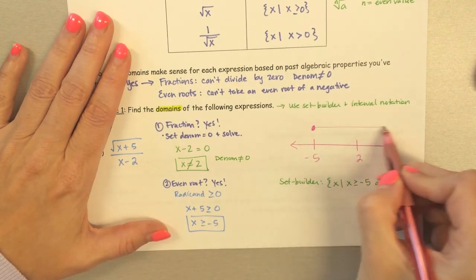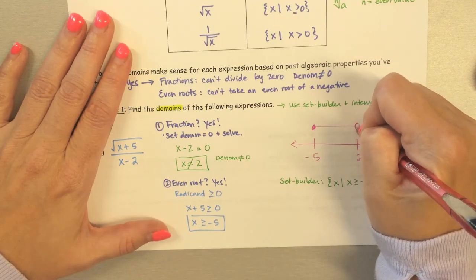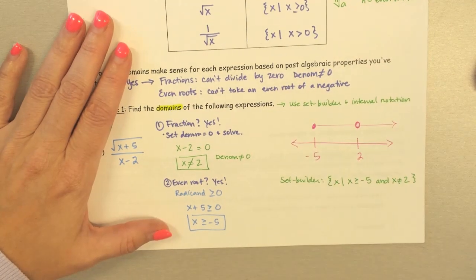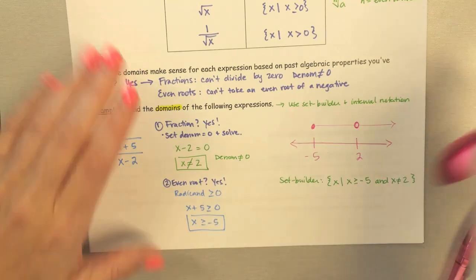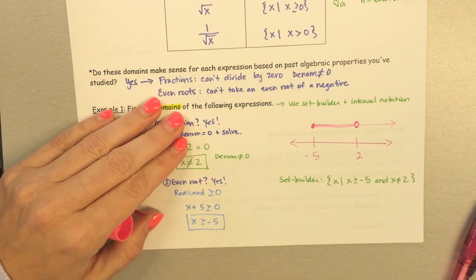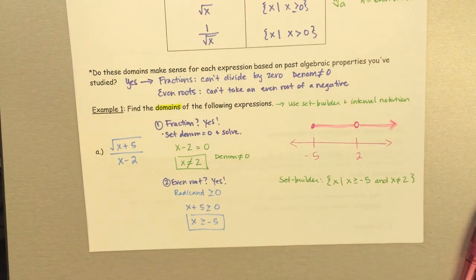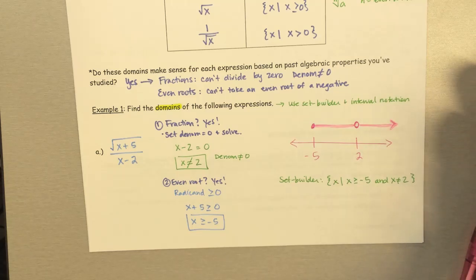It's all the values to the right, except it can't be 2, so there's an open circle here. So this is going to be one of my intervals, and this is going to be my second interval.